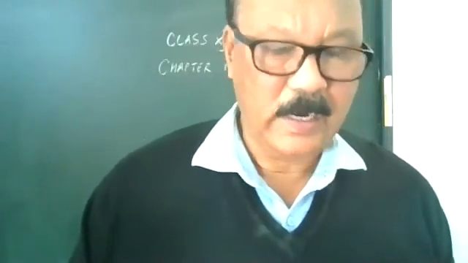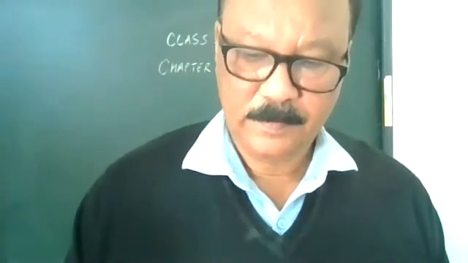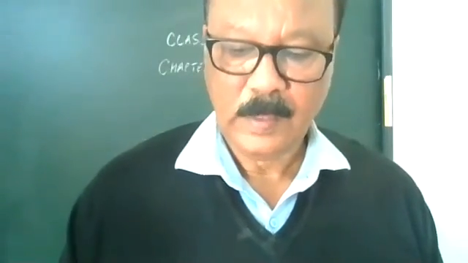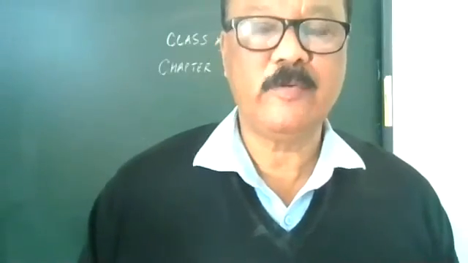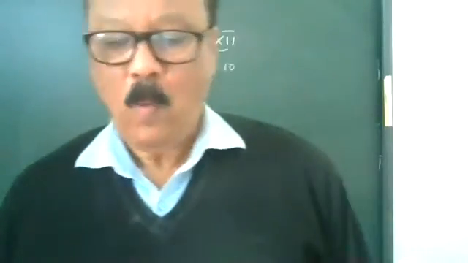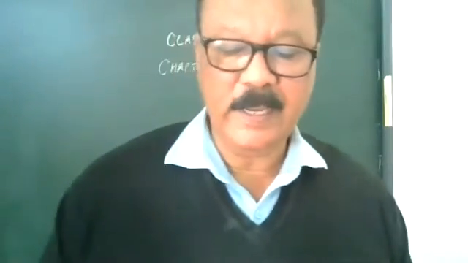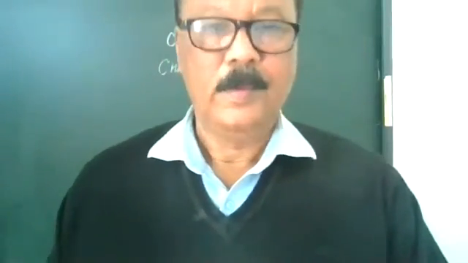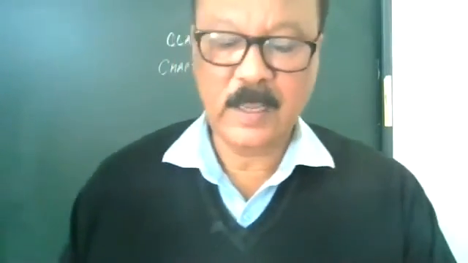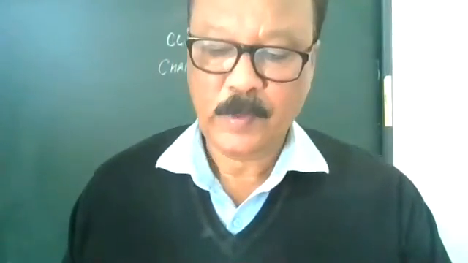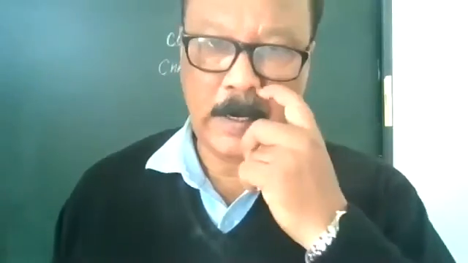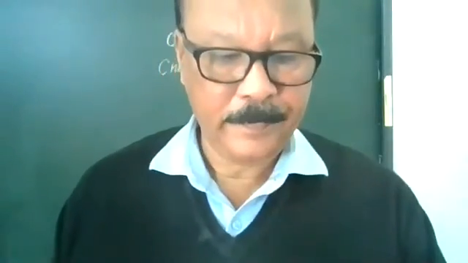I'm trying to see any question which has been undone. Did we discuss question number 7 of your book? What are the important implications of the one-child norm in China? Have we done this?